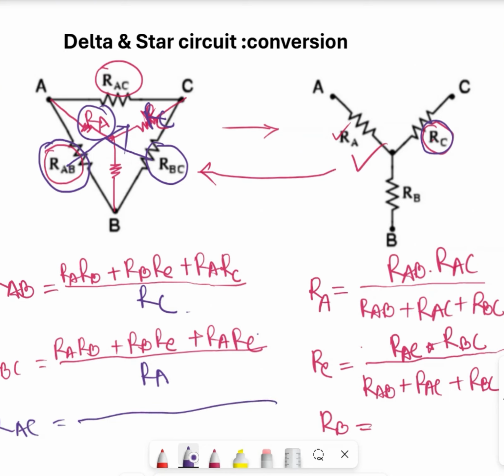The numerator will be the same as this value: RA RB plus RB RC plus RA RC. What will be the denominator here? It's your turn. Please make your comment. Thank you.